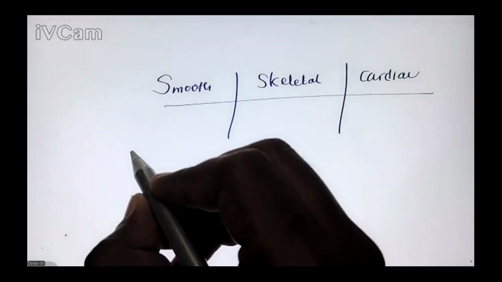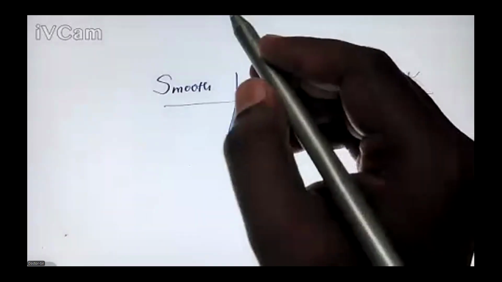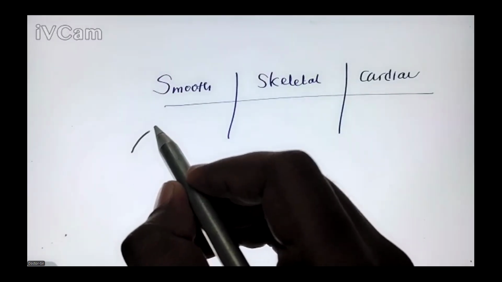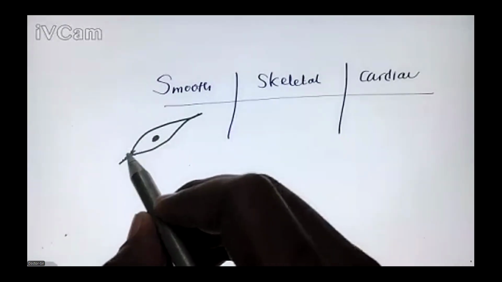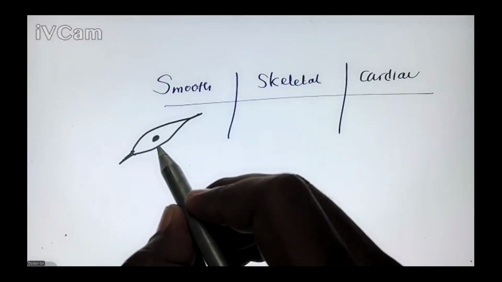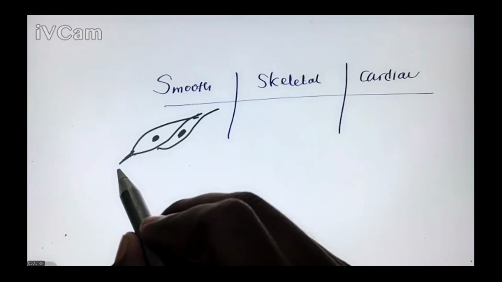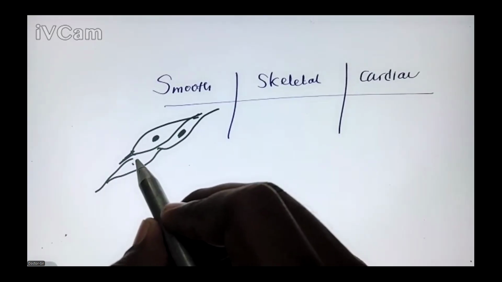So smooth muscle tissues are basically spindle shaped cells. Not only single cells, many cells are together. These are the spindle shaped cells.